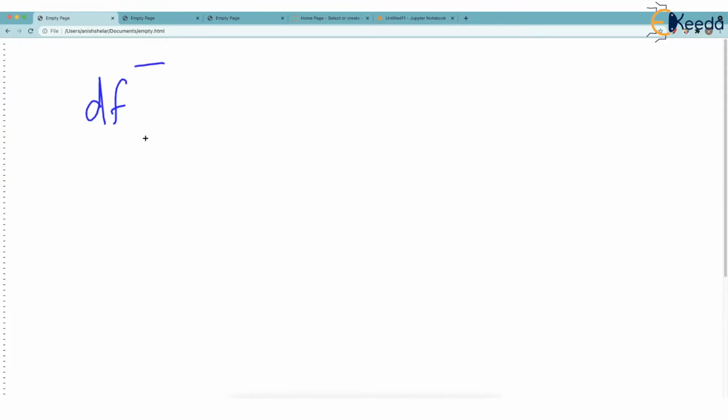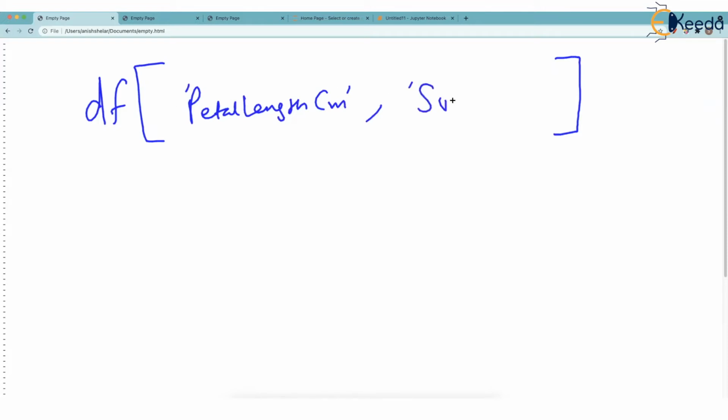Then you are selecting something from df. So the rule says that you have to put square brackets because you are selecting something. Now what do you want from this data frame? You want petal length, centimeter. So you give the name of the column that you want, petal length, centimeter, but in quotation. Column names are always written in quotation, comma. You want species.